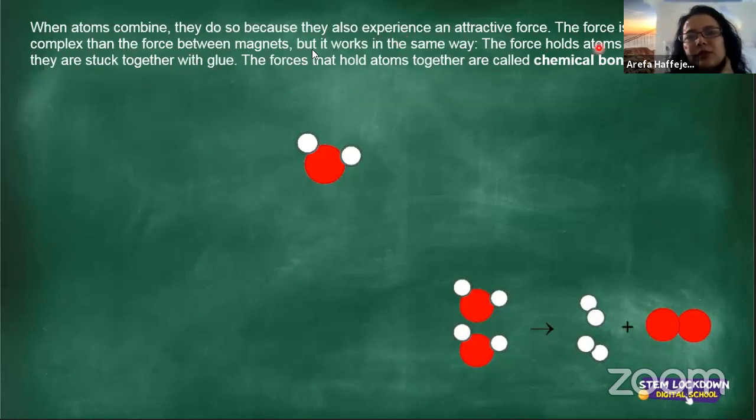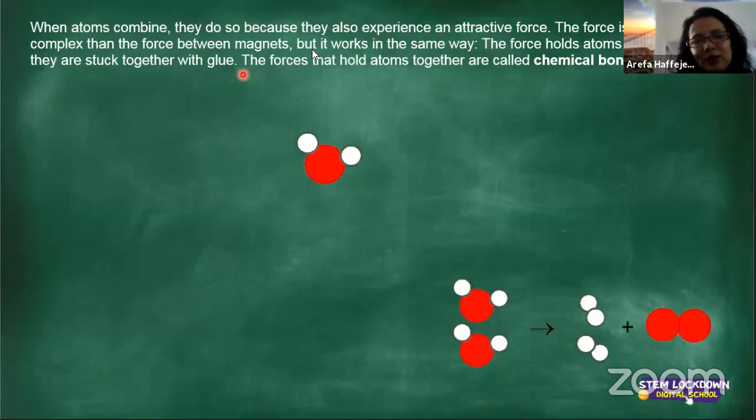The force holds atoms together as if they were stuck together like glue. These forces that hold atoms together are called chemical bonds.